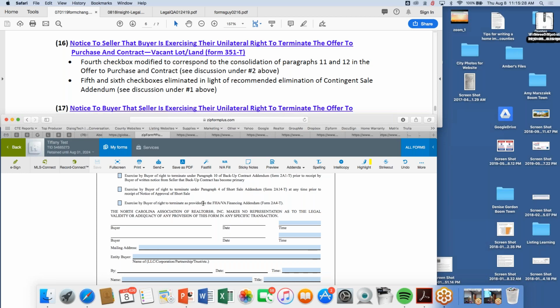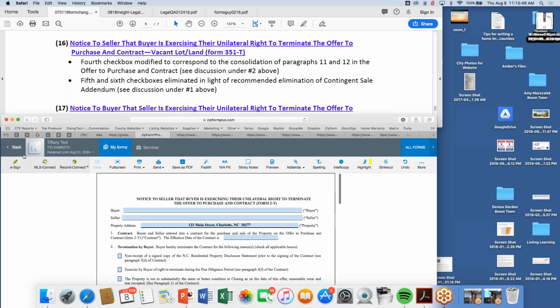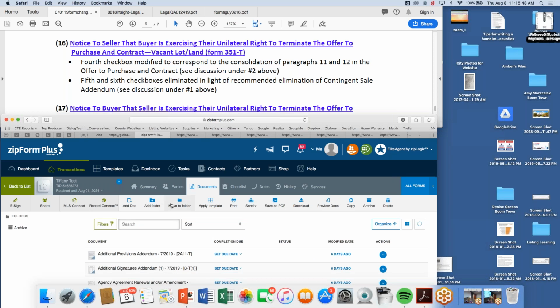And then you've also got the FHA VA addendum buyer right to terminate here. The only change here, again, was the 6th and 7th boxes were removed because there were contingency pieces here. And then the 11 and 12 was just modified into 11. So no other changes there. Any questions on the unilateral?